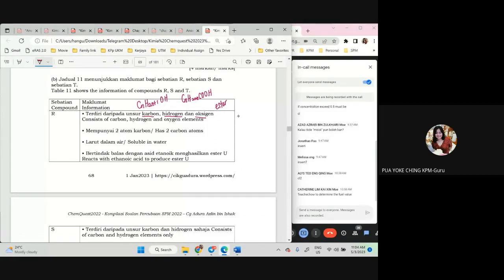Ada 2 carbon atom, soluble in water. Nampak saja soluble in water, ester out. Ester is oily layer, fluid. Ester ni macam minyak, so dia takkan ada. And the next one, react with acid to produce ester. So you already know R is alcohol.